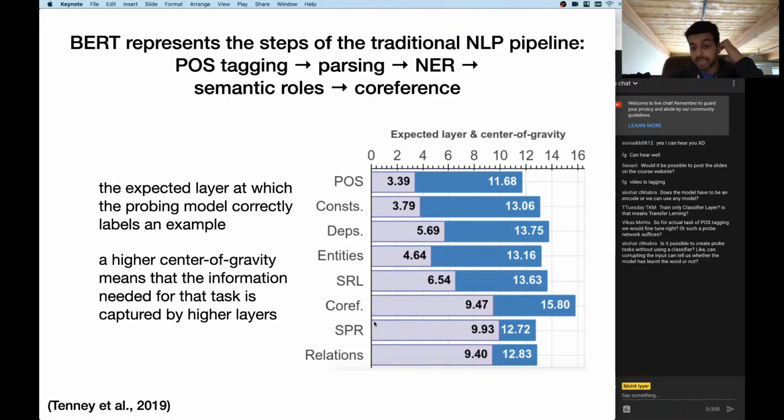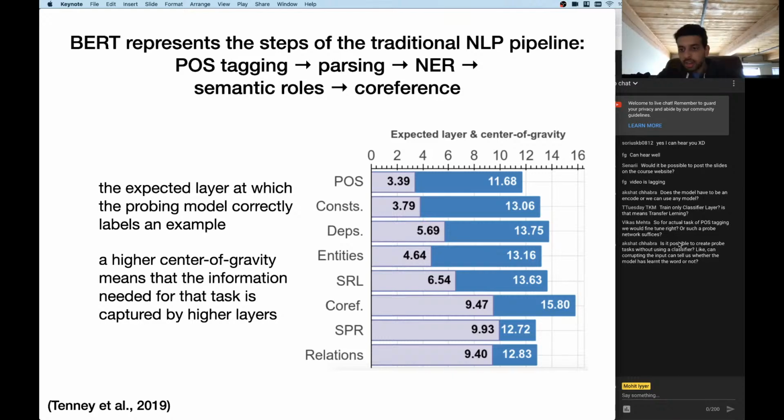While for tasks that are more complicated, like coreference or relation extraction, you need to go higher up in the network before you can solve that task. Pretty interesting, and it confirms the finding that the lower-level layers of BERT are more focused on local syntax and the higher-level layers on more high-level semantics.